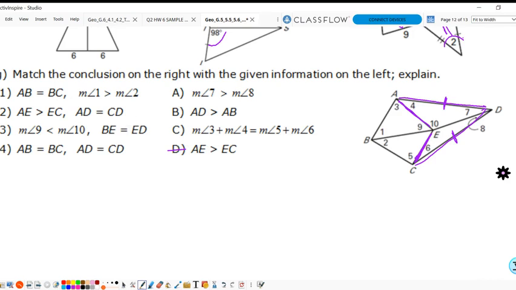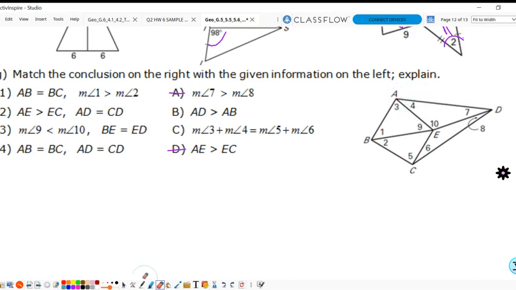Let's see what we know. We're talking about angle 7 and angle 8, sides opposite that. So this side, this angle, and this angle. Angle 7 should be greater than angle 8. And that's what we have in example A. So that one's done.